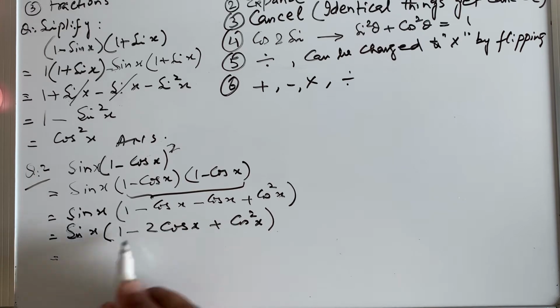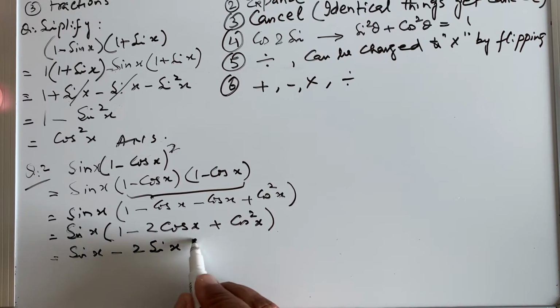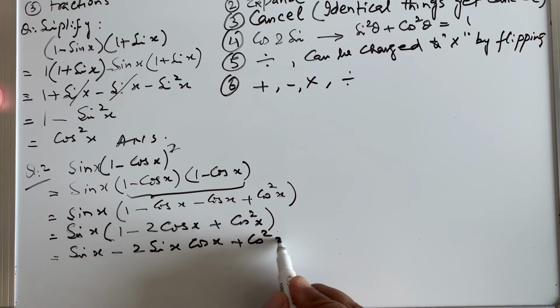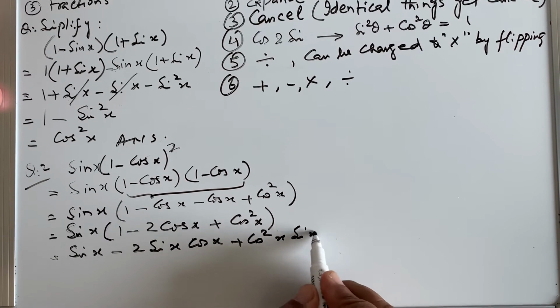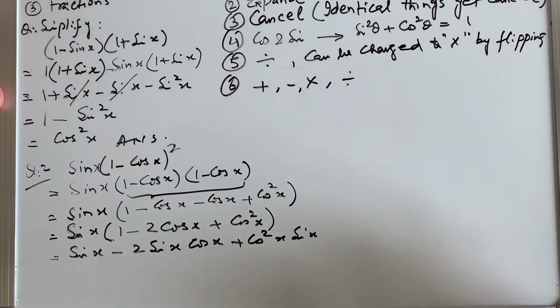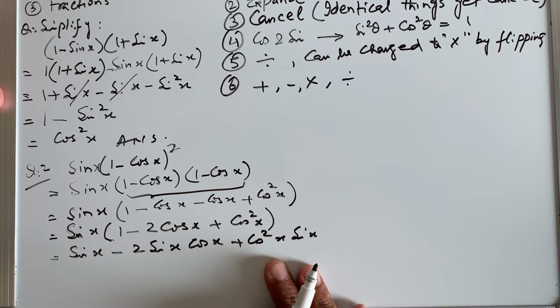So if I take this inside, that will be sin x minus 2 sin x cos x plus cos square x sin x, right? So what we did, we solved it and expanded it. So what we have is sin x minus 2 sin x cos x plus cos square x sin x, right?